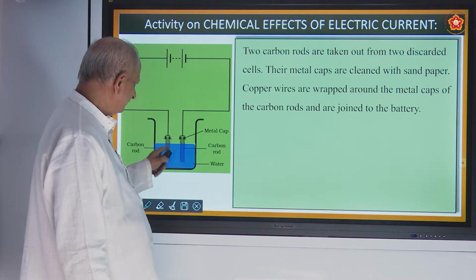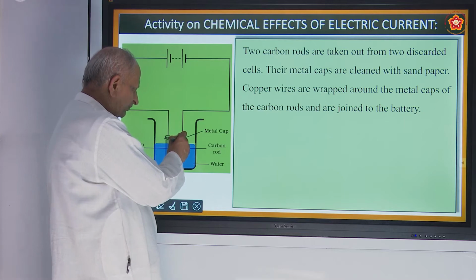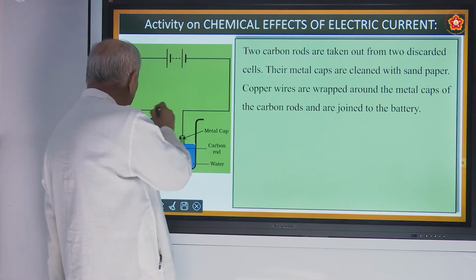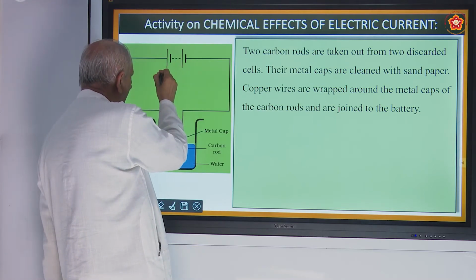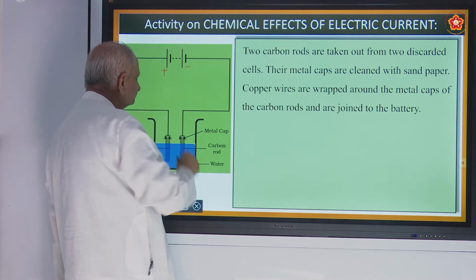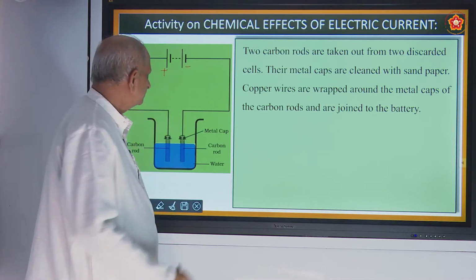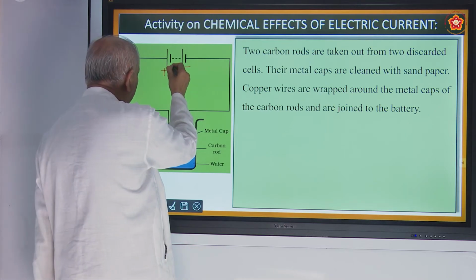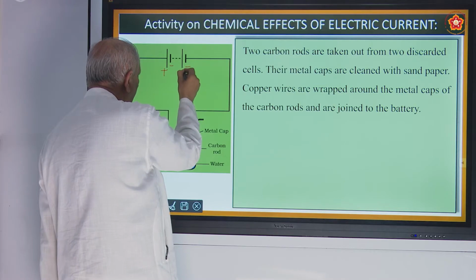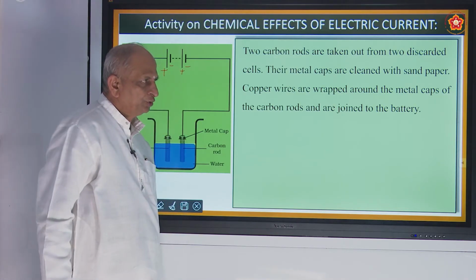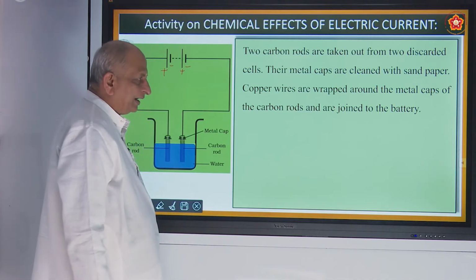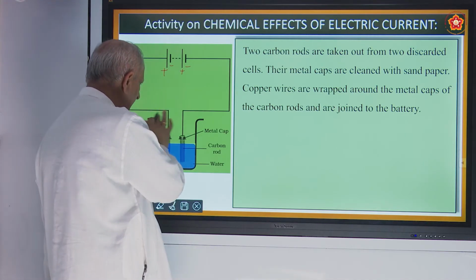So here you can see the metal cap, you see these wires, and these wires are connected to the battery. What is a battery? It is a summation of many cells. This long line represents positive, the small line represents negative. So also here. Usually 4, minimum 4 cells are needed, and this is all the connection.